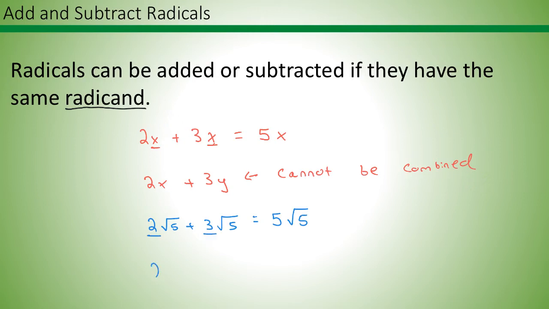But if I had 2 root 5 plus 3 root 7, if these numbers are not the same, these cannot be combined. Okay, so that's our big rule today. In order to combine square roots or radicals, we must have the exact same number on the inside of the radical.